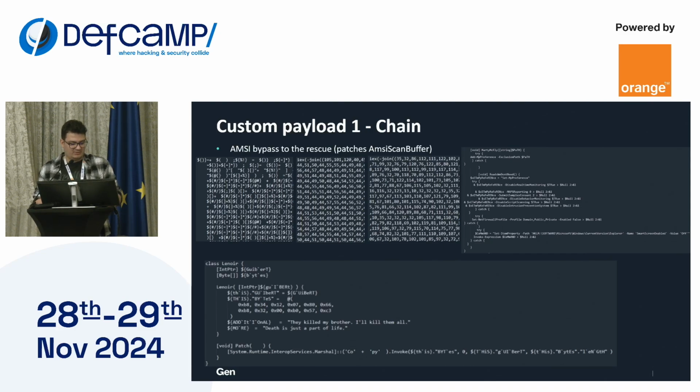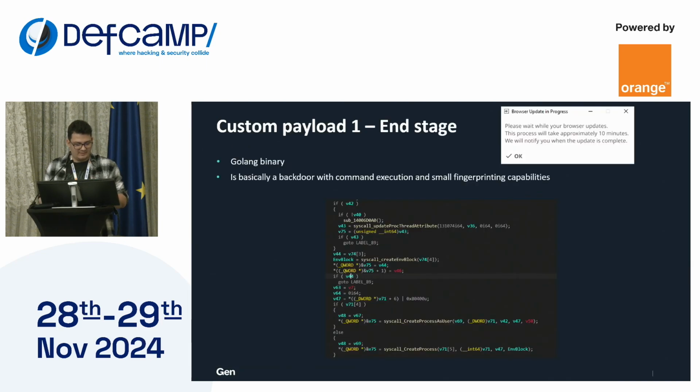Okay, and this just replaces some bytes at the beginning of the AmsiScanBuffer function, which will end up returning an error. I think there were easier ways to do the AMSI bypass with a single byte replacement, modifying a jump-zero to a jump-not-zero instruction, but they wanted to do it that way. Okay.